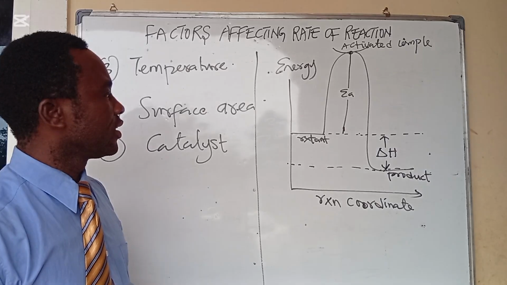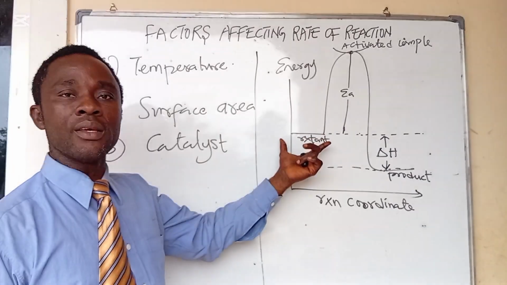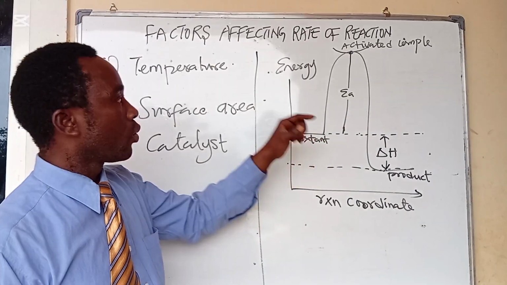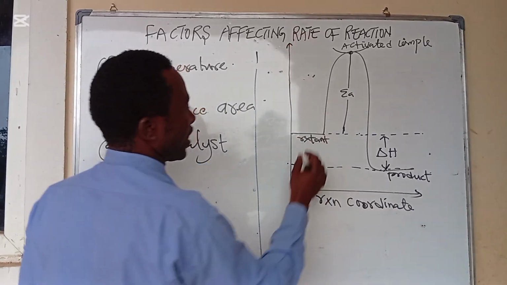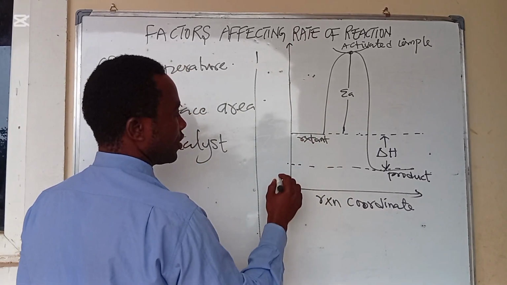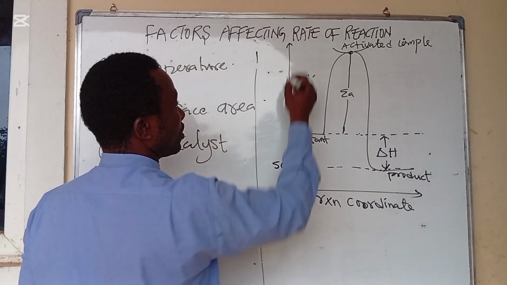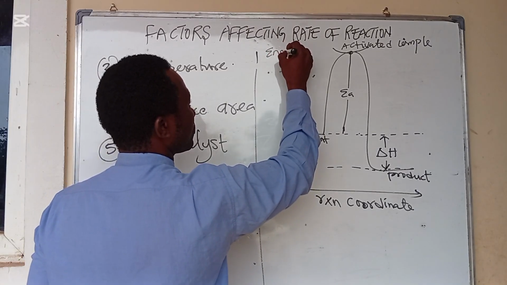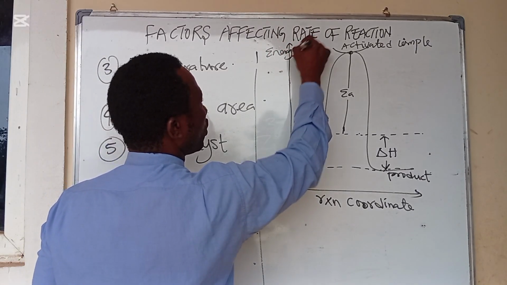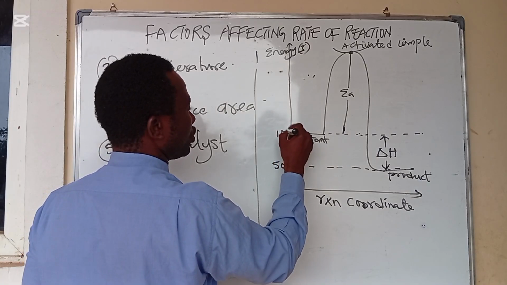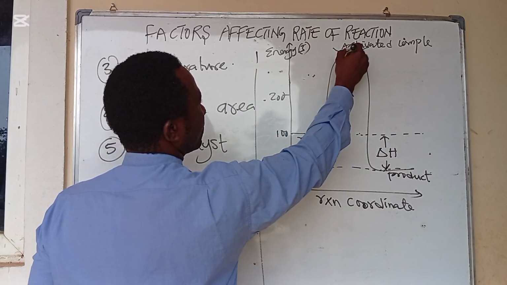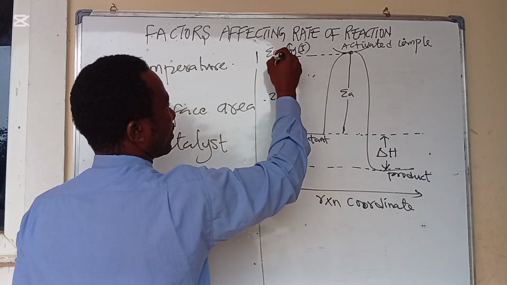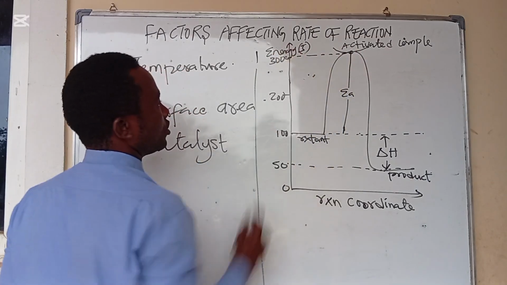Now, if this is the uncatalyzed reaction, let's say here is 0, here is 50 joules, here is 100 joules, here is 200, and let's say this place is 300 joules.